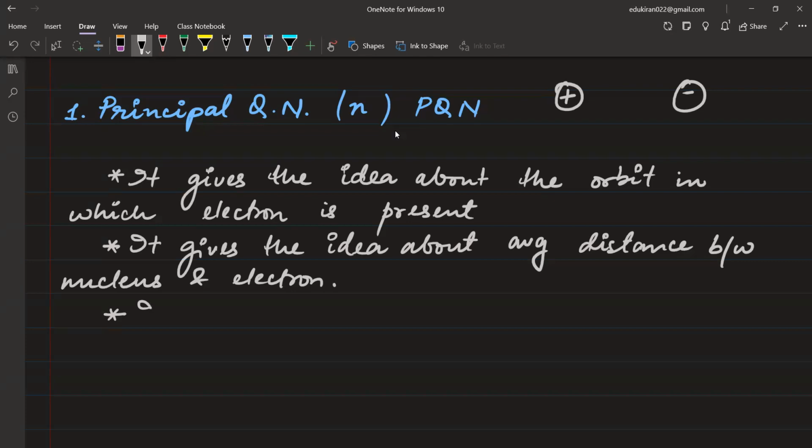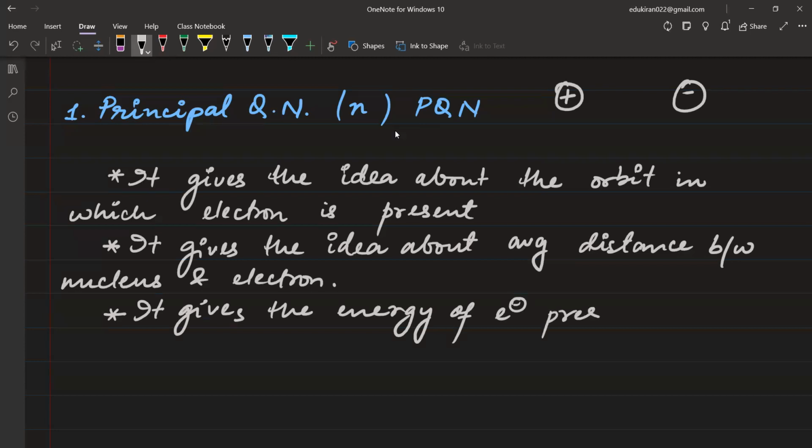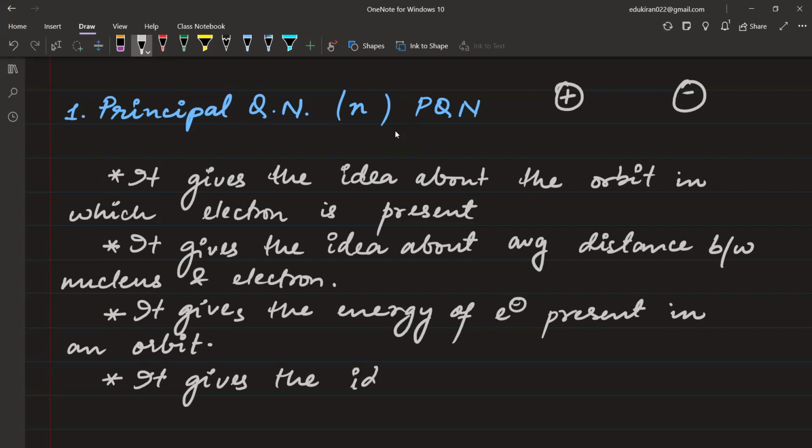Okay, so it indirectly also gives an idea about, please write, the energy of the electron present in an orbit. At last, it gives the idea of the size of the orbit.